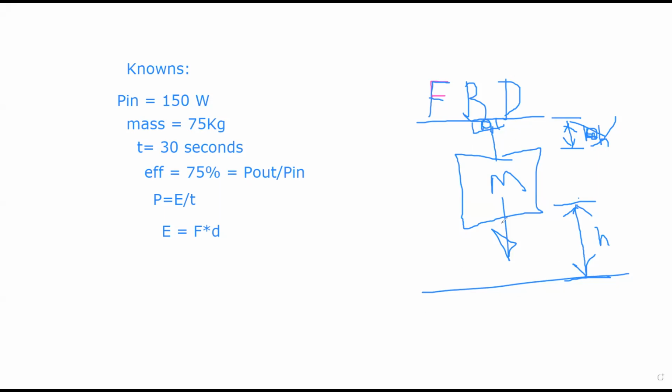All right, so it's pulling this mass. This is a weight, right? So it's pulling that weight a certain height, and this motor has an efficiency of 75%.